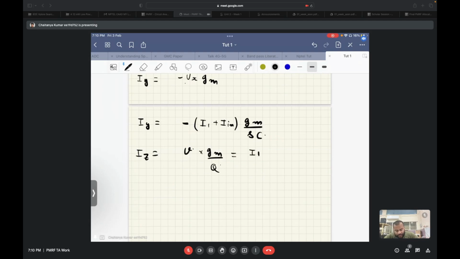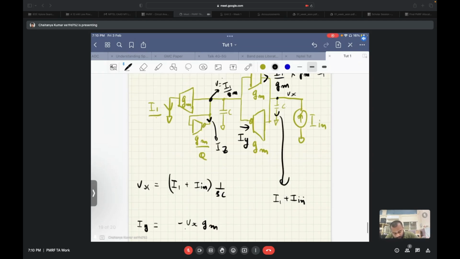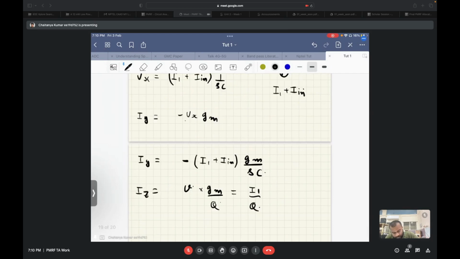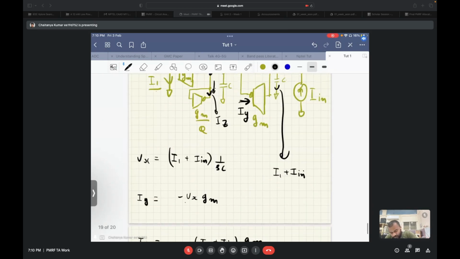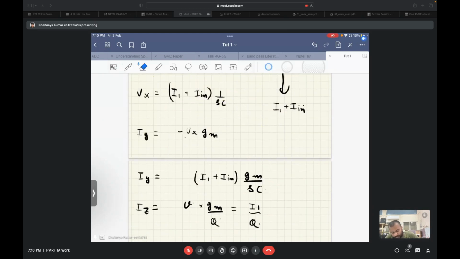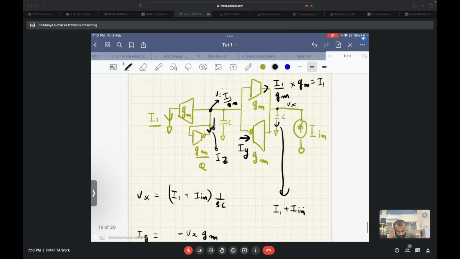V is equal to I1 by GM. So we have IZ as I1 by Q. So a current of IZ is being pulled in this direction. Since we have already made the sign of this current as sinking into this transconductor, this negative sign can be dropped.